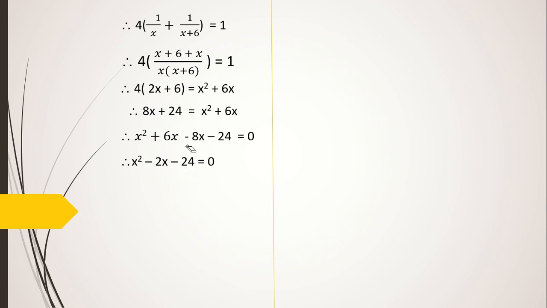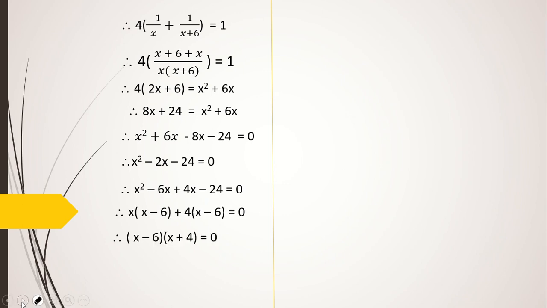Now factorize 24 and find those factors of 24 which after subtracting will give me 2. Such factors are 6 4s are 24 and 6 minus 4 is 2. Now group them together and take the common factor. So x minus 6, x plus 4 are my factors.